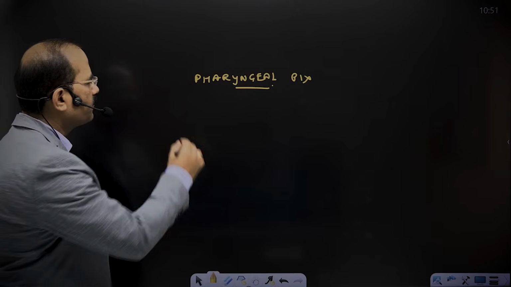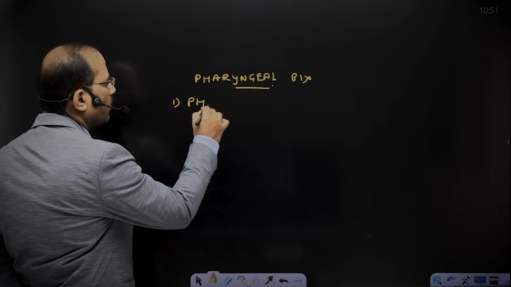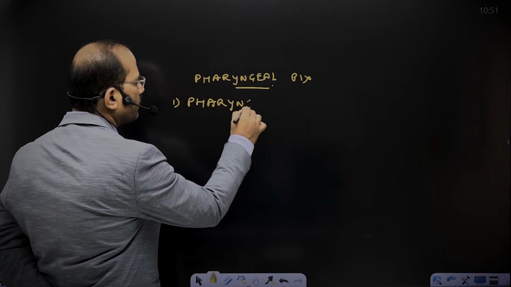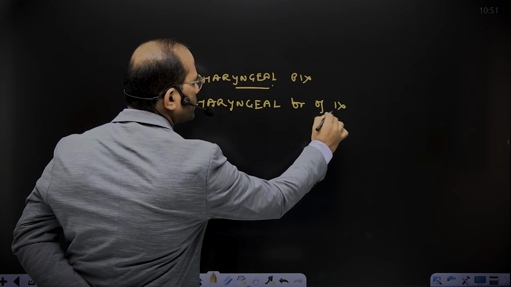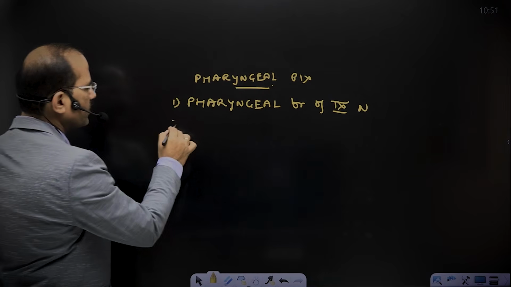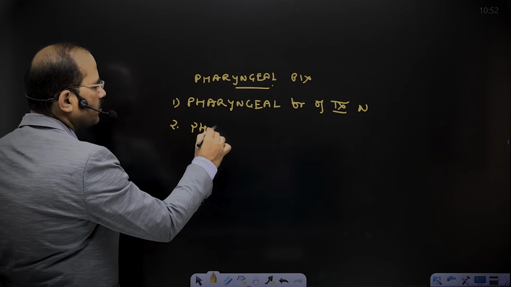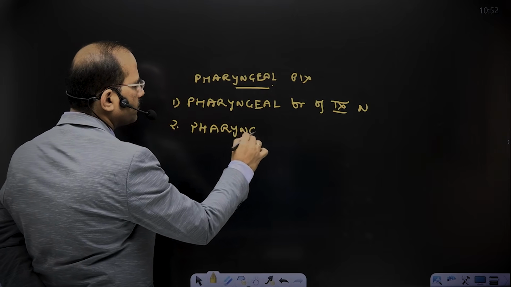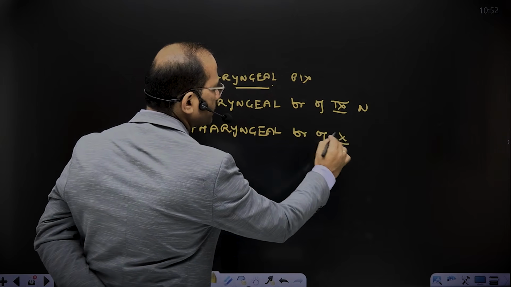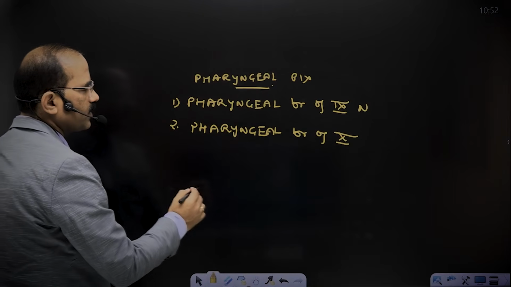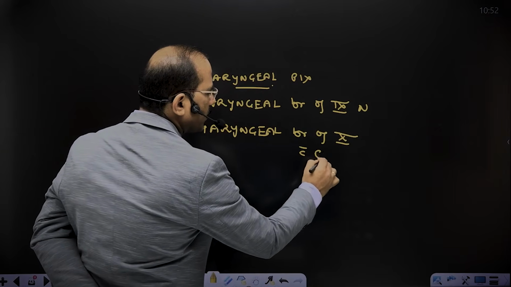It is formed by the pharyngeal branch of the glossopharyngeal nerve, and the pharyngeal branch of the vagus with the cranial accessory.